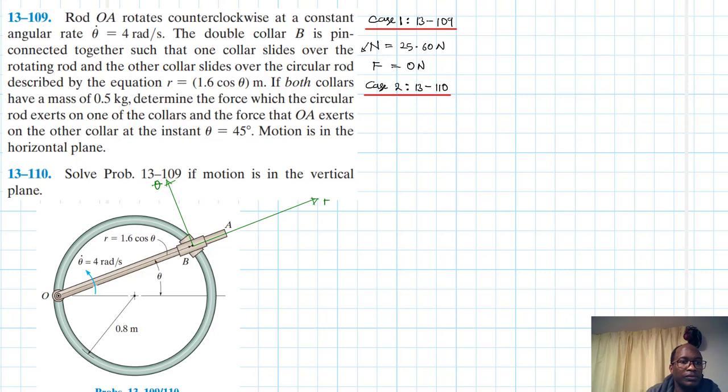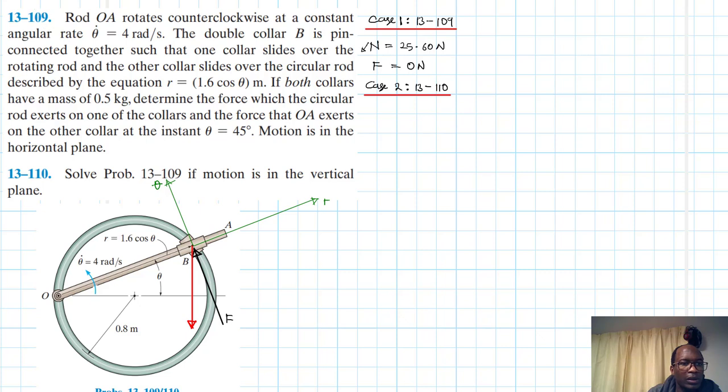So we do have the force here. This is the force that the rod exerts on the collar. This rod OA coincides with the theta direction. This is F. And then we do have the weight of the collar.